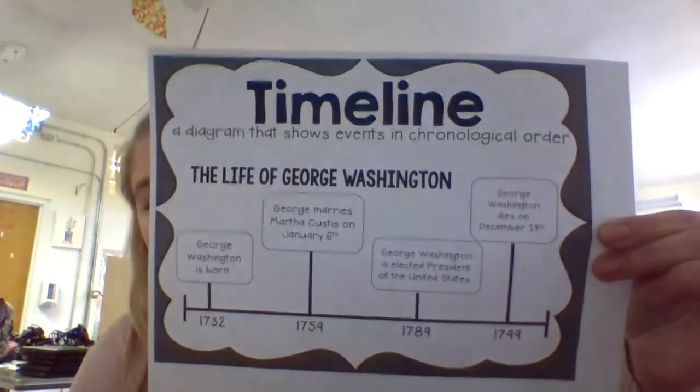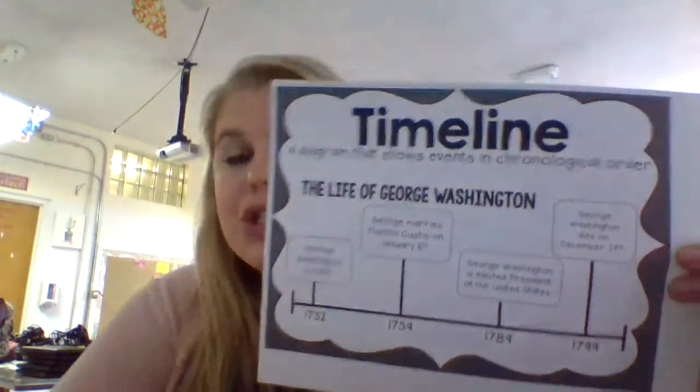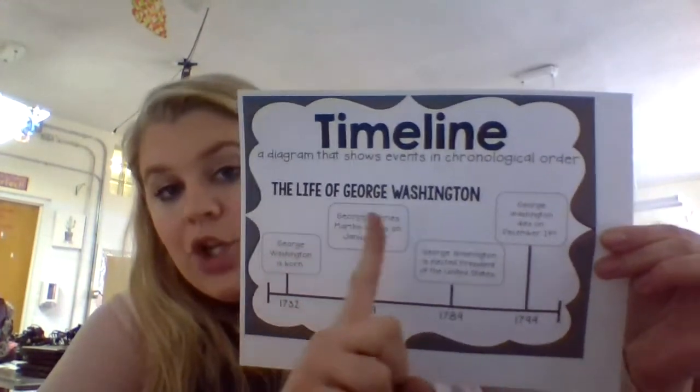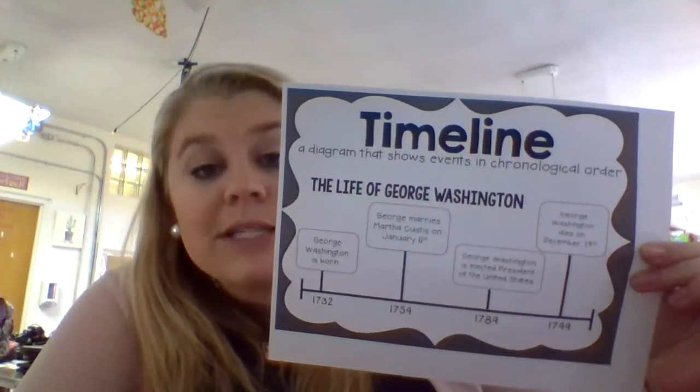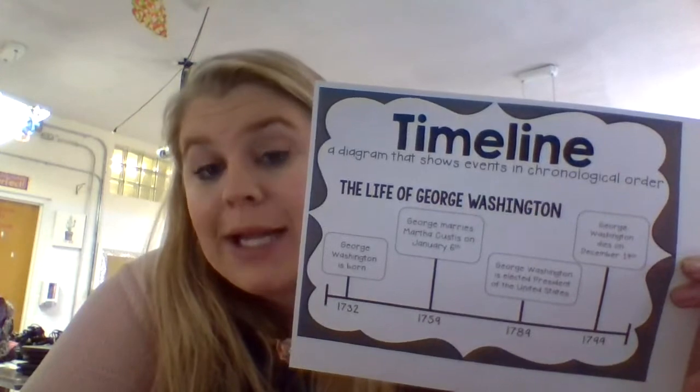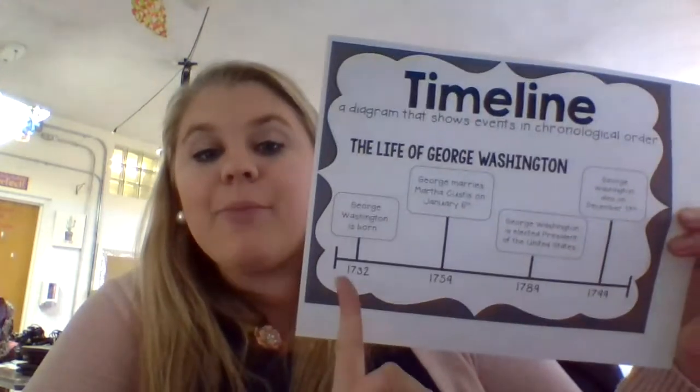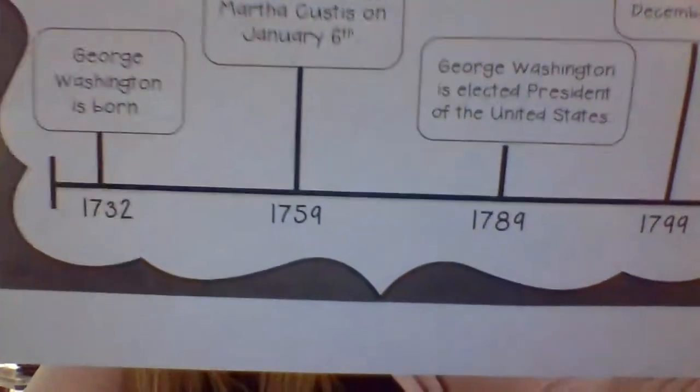You also will see a lot of timelines. A timeline puts events in order. You might be reading, like this one, about George Washington because it's a timeline of his life. Think about how we've looked at timelines for different wars we've learned about in social studies. They put everything in order. Notice the dates on the timeline.